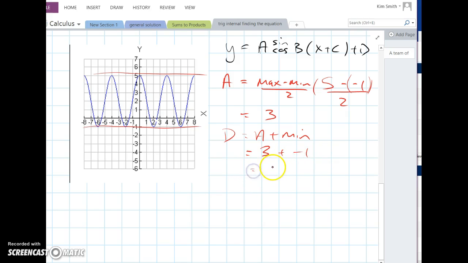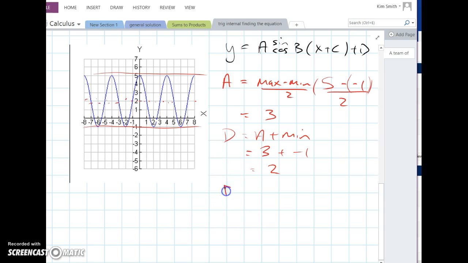So 3 plus -1 is 2. That means I have a line over here, and as you can see, that is in the middle. That is my midline. My graph has been moved up from that x-axis up to 2 to give me that midline. Please draw all over your graphs, utilize everything that you can.